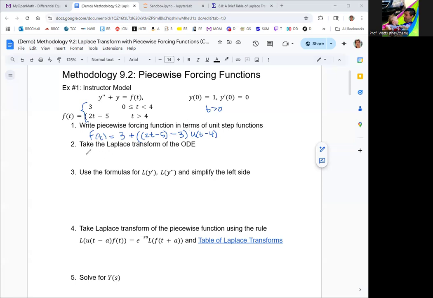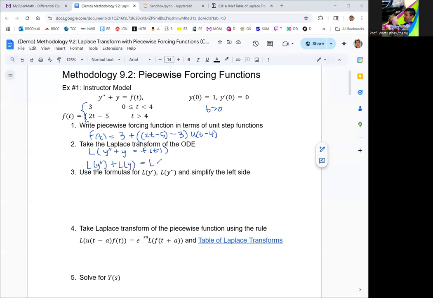All right, so now we're going to apply the Laplace transform to the differential equation. And then we can distribute it using the properties of linearity. So we get the Laplace transform of the second derivative plus the Laplace transform of the solution.